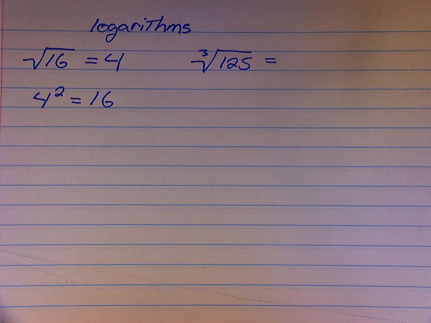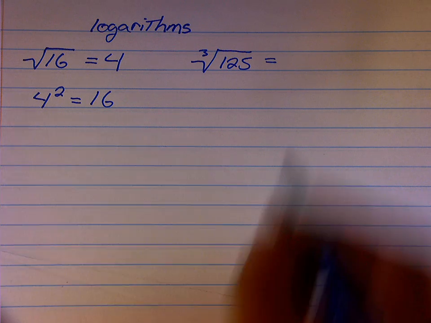The cube root of 125. The cube root of 125 is 5. Because, what was it fundamentally asking us? What number times itself 3 times is 125? It's all about being able to read the meaning in the symbol and understand what's being asked.